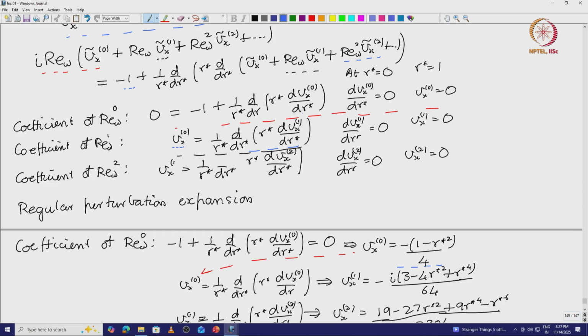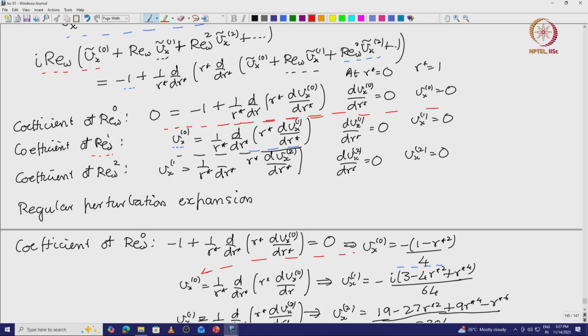In that case, you get this first equation. Subtract this from the original equation and then calculate all the coefficients of Re omega power 1, and you get the second equation, and so on. Similarly, you get the first, second, third boundary conditions, and so on.